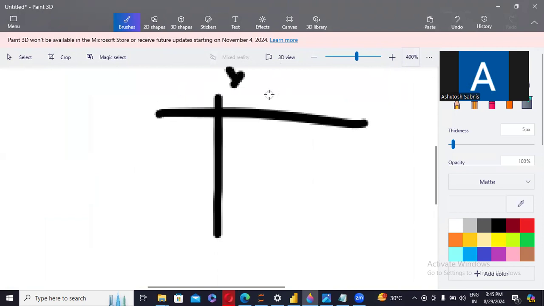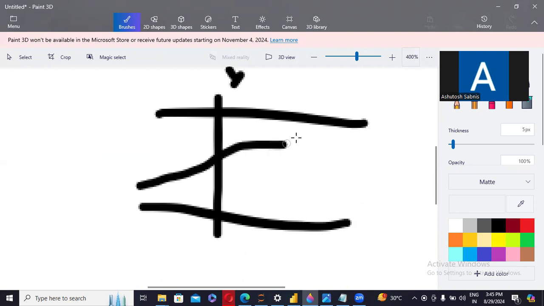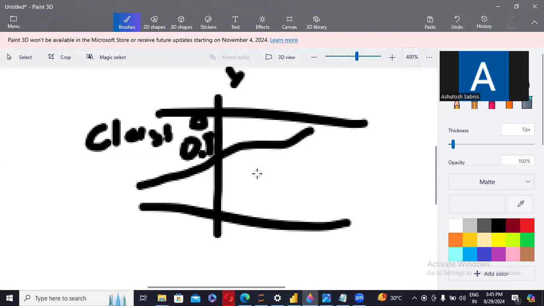This is one line, and this is one. It is 0.5. If it is less than 0.5, then it is class 0. And if it is greater than 0.5, then it is class 1.